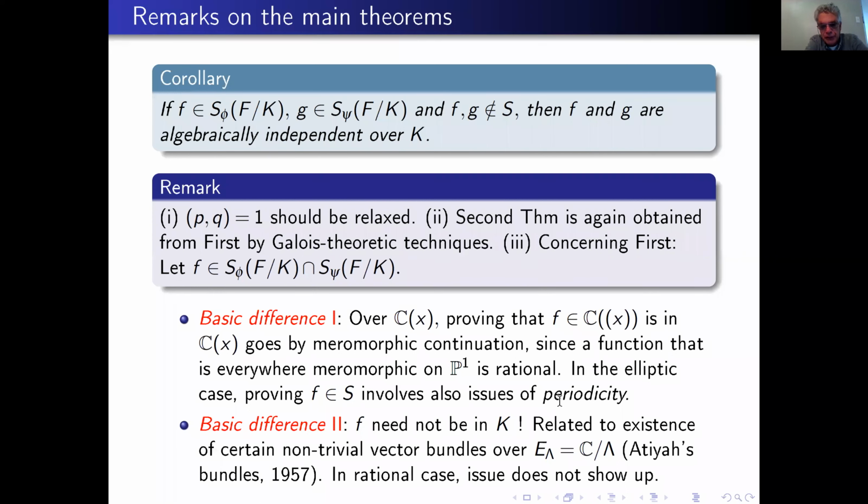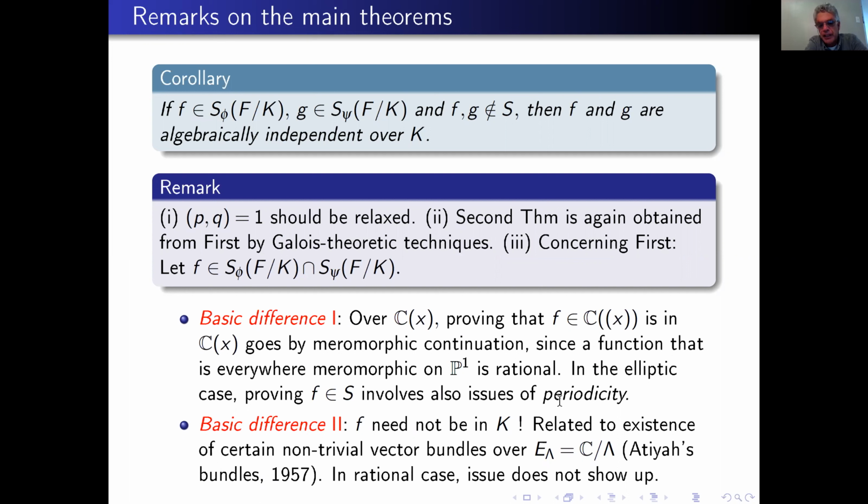And these vector bundles were classified and studied by Atiyah in 1957, and we were lucky to have his results because actually this is the only case, the only non-trivial curve where you have a complete understanding of vector bundles over it.